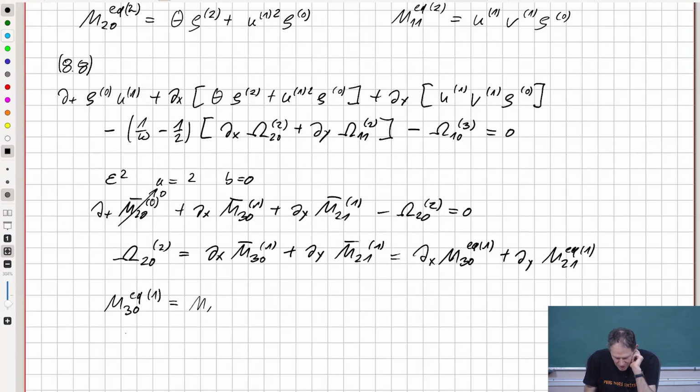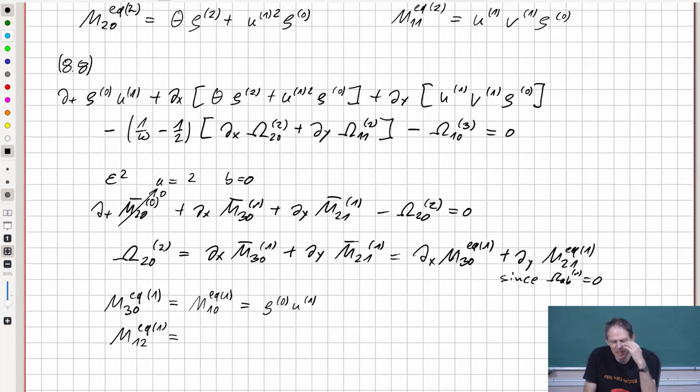It's the same as 1, 0, right? So we know what this is. So this is rho 0 times u1, right? So we already know this. Yeah, okay, I should write what I just said. This is 0. So this is the reason for this. So then M12 equilibrium at first order.